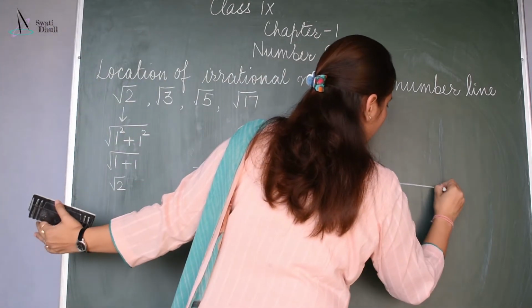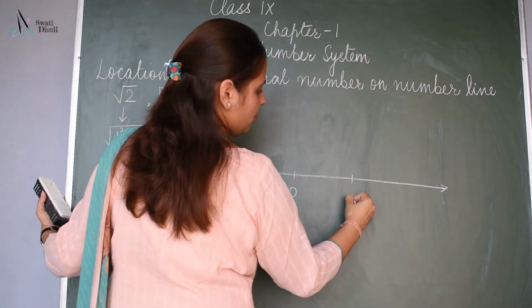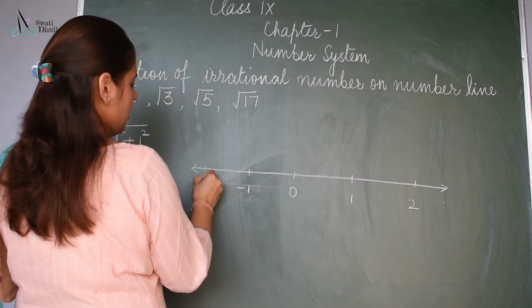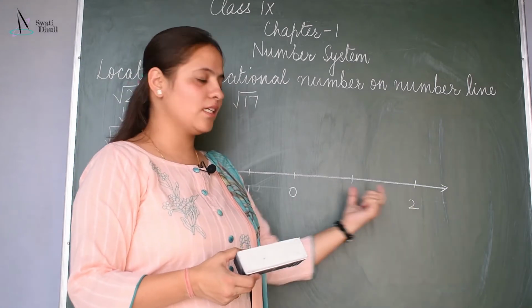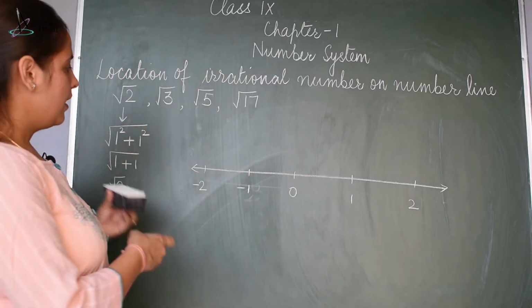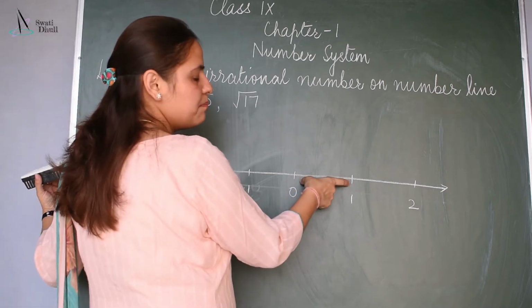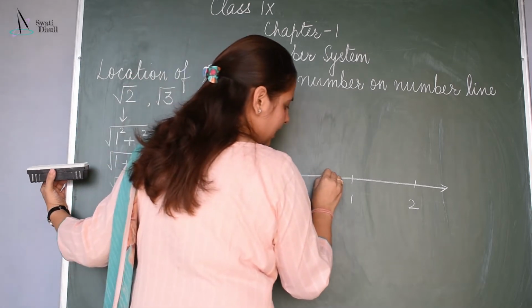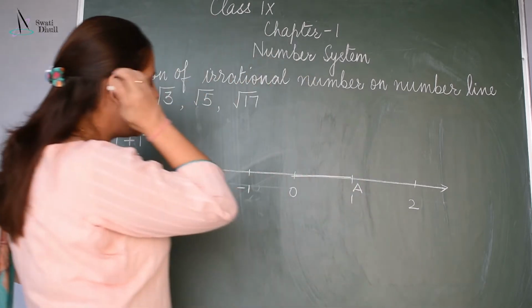Let's draw a number line: 0, 1, 2, minus 1, minus 2, and you have to see that the distance between the integers must be the same. Now see, here it is 1 square, so you have to take the base as 1 unit. So let's say this is a 1 unit distance, let it be point A.